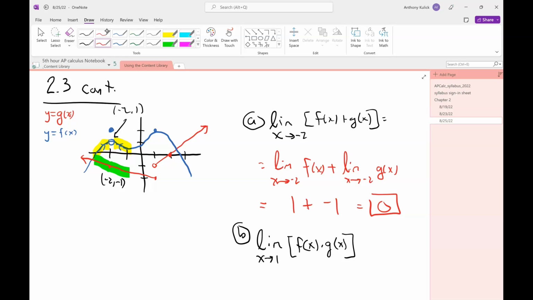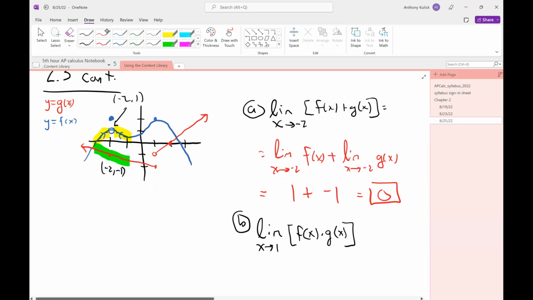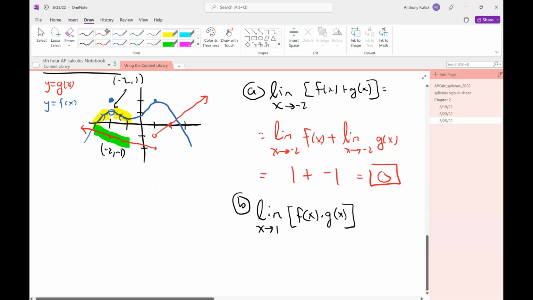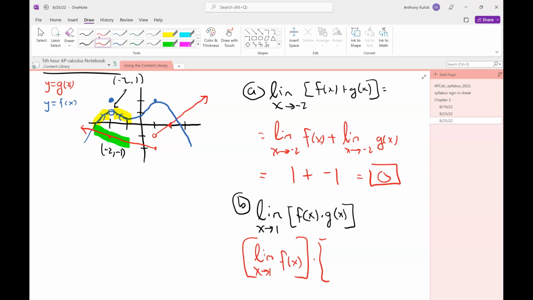It's new to everybody. All right, let's look at the limit as x approaches 1 of f of x times g of x. We can use our limit laws to do the limit as x approaches 1 of f of x times the limit as x approaches 1 of g of x. That okay?